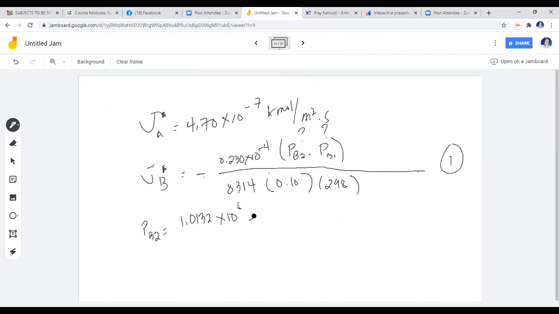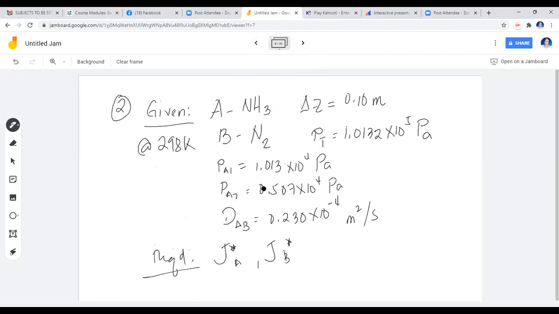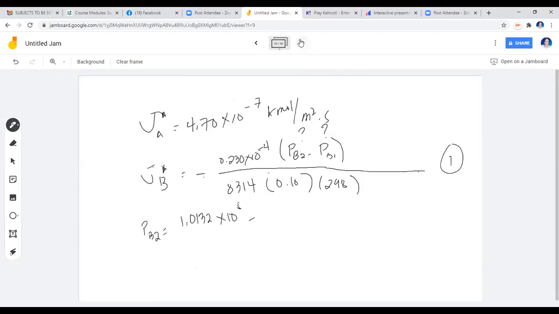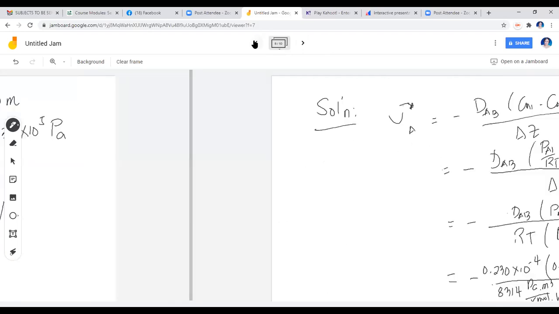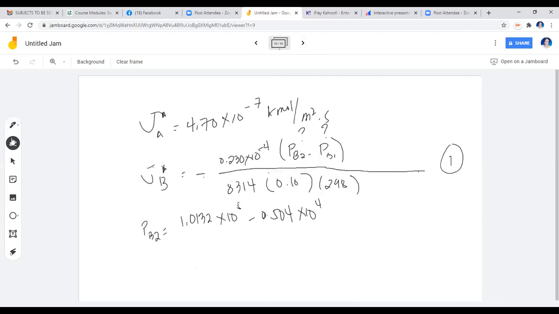And at point 2, if you go back to the given, the partial pressure of A is 0.507 times 10 raised to 4. So we will subtract it there.